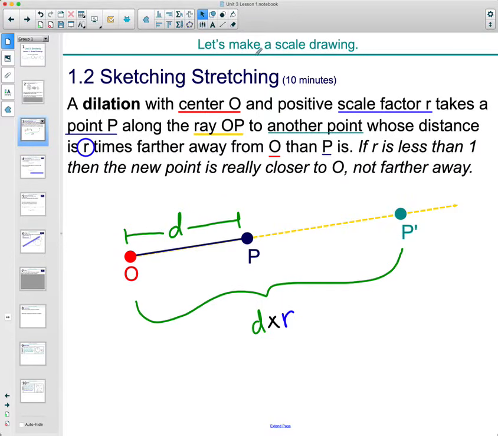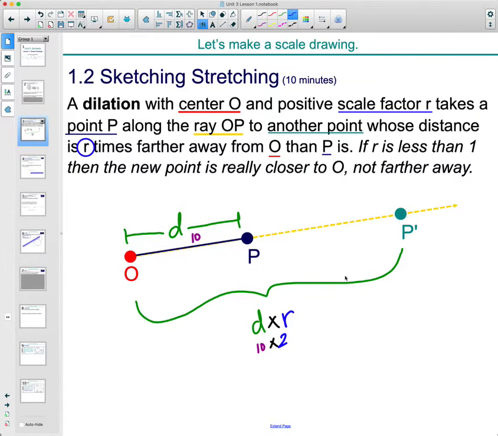So if this original distance was, let's say, 10, and then we had a scale factor of 2 times, then you would be doing 10 times 2. And that's how far P prime is from O.